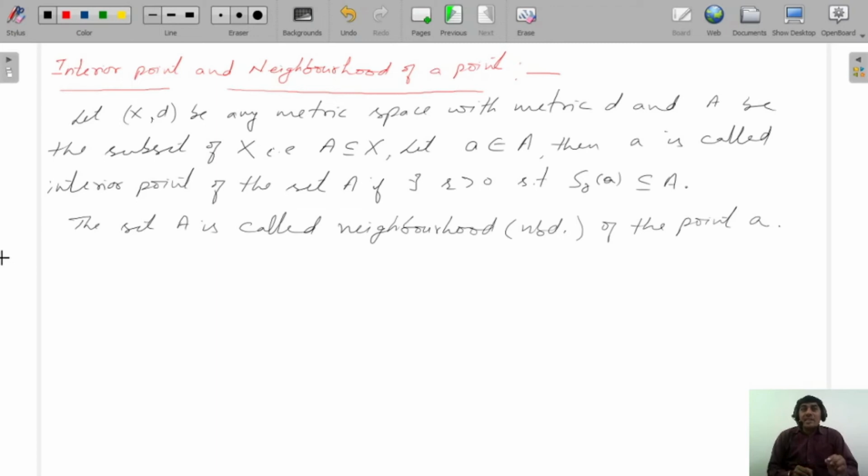If a sphere centered at small a is contained in capital A, then capital A is called a neighborhood of the point small a.